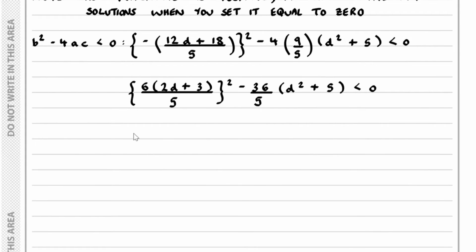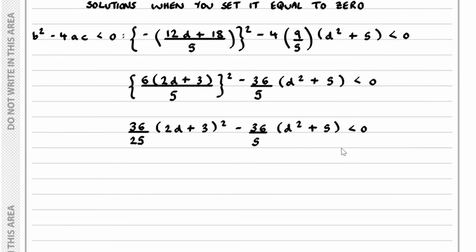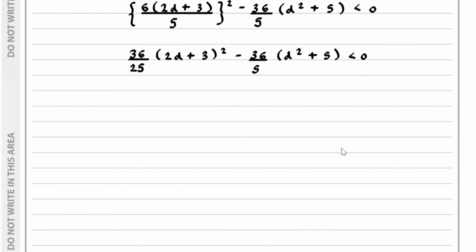So we've got 36 over 25 multiplied by 2d plus 3 squared minus 36 over 5 multiplied by d squared plus 5 being less than 0. And if I multiply through by 25 and then divide through by 36, we would have 2d plus 3 squared minus 5 multiplied by d squared plus 5 is less than 0.